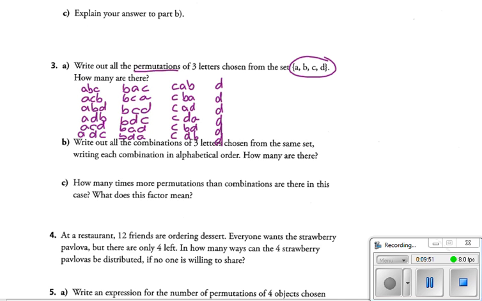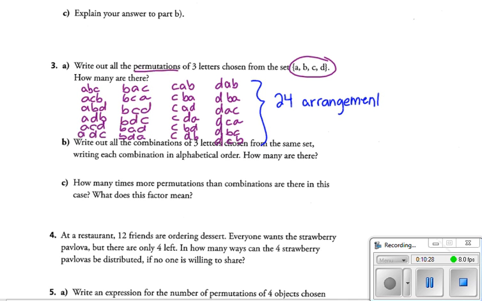So D and A, B, B, A, D and A, C, C, A, and then D and B and C, B, C, C, B. So how many total different permutations is that? 24, because there's 6 here, 6, 6, and 6. So 6 times 4 is 24 permutations, or 24 arrangements.